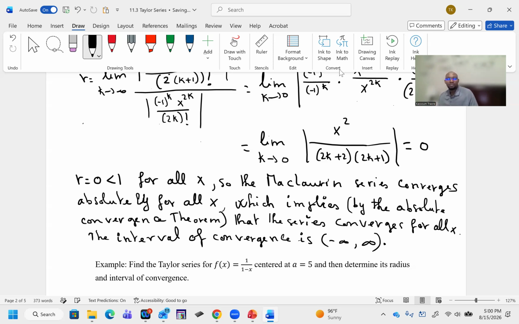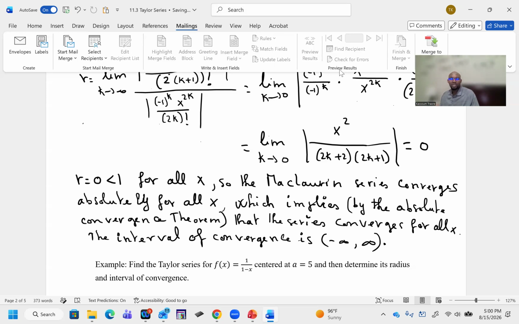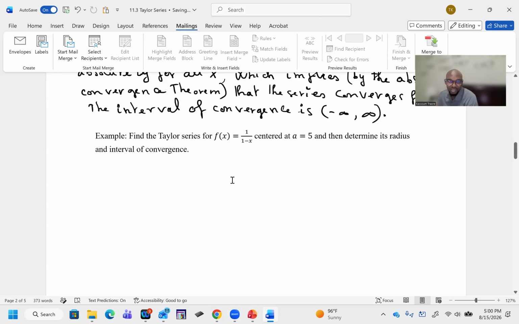Okay, let's move to the next example, which we have. We are asked to find the Taylor series for f of x is equal to 1 divided by 1 minus x centered at a is equal to 5, and then determine its radius and interval of convergence. So we proceed again, the same thing.